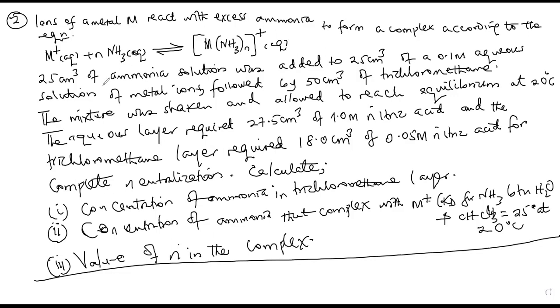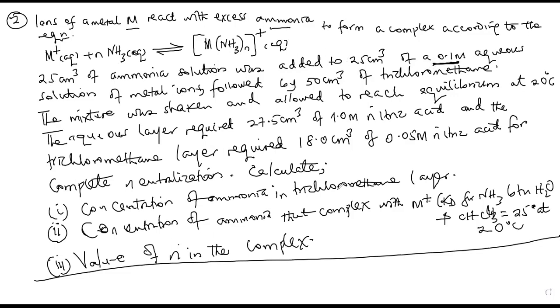Now, looking at this, we have ions of metal M reacting with excess ammonia to form a complex according to that equation. 25 cubic centimeters of ammonia solution was added to 25 cubic centimeters of 0.1 molar aqueous solution of metal ions. So they have given us the molarity of the metal ions as 0.1.